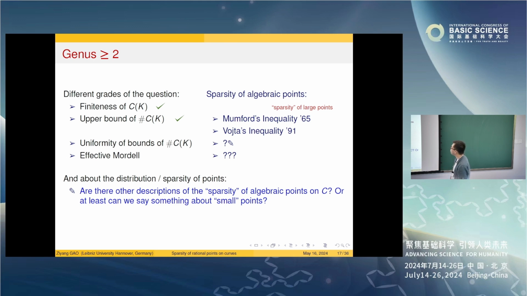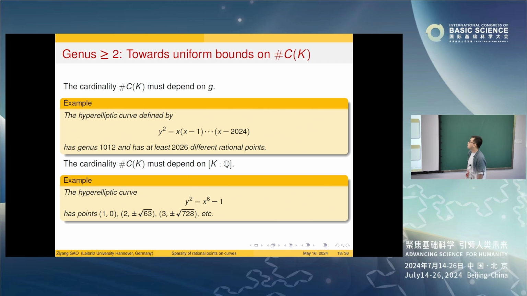And this is obtained by the sparsity of large points, Mumford's inequality and Vojta's inequality. And then a natural question to ask is, can we say something also about the small points? Can we get something better about small points, to get some sort of bounds which are more uniform than this one? And here is what we're going to look for.